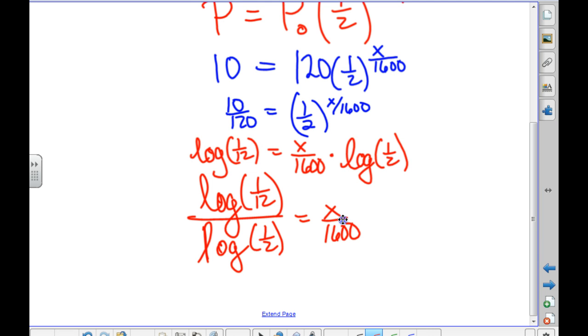Long time. Yep, to get rid of divided by 1,600, you have to multiply. I got 5,736 if I round to the nearest year. I got 5,745. I did not round along the way, so I literally typed log of 1/12 divided by log of 1/2 times 1,600. That's fine. You'll get a little different answer if you round it along the way.